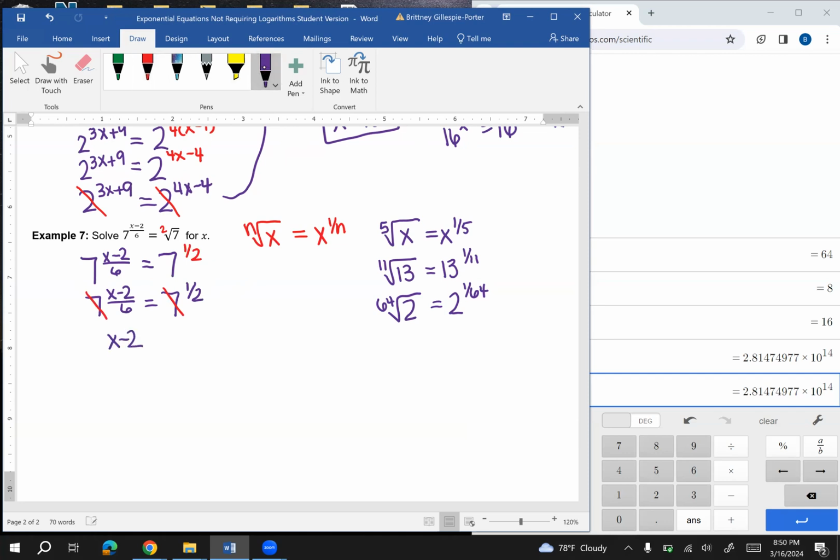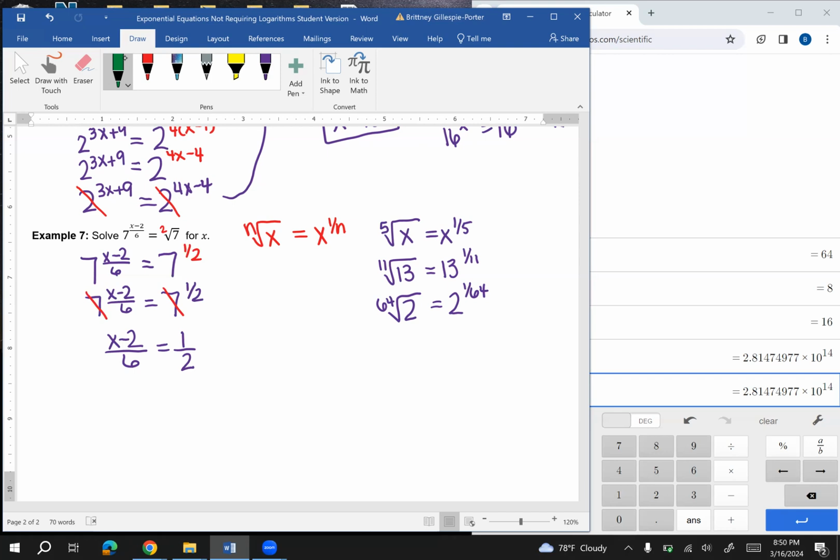We have x minus 2 all over 6 is equal to 1/2. Now, back in the day, they used to solve this using cross multiplication. My students are telling me now that that is old school. It is now called something along the lines of the butterfly method.